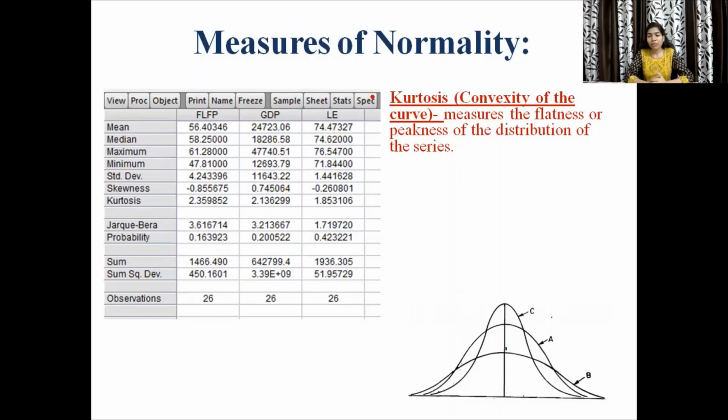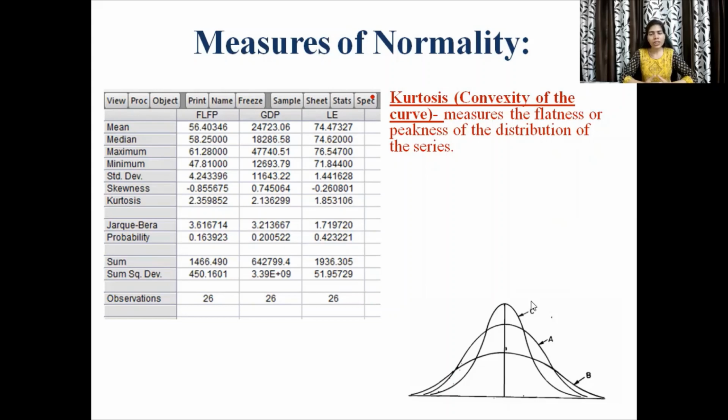As you can see in the figure below, there are three curves, curve A, curve B and curve C. All these curves, although they are symmetrical to the mean value, average value, still have different convexity. Okay. So kurtosis helps us to have an idea about the flatness or peakedness of the distribution of a series, and therefore kurtosis is also known as convexity of the curve.